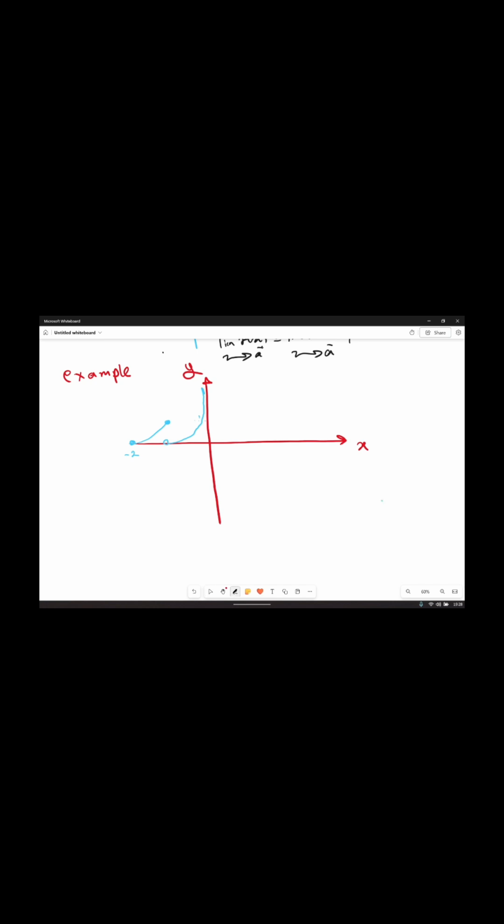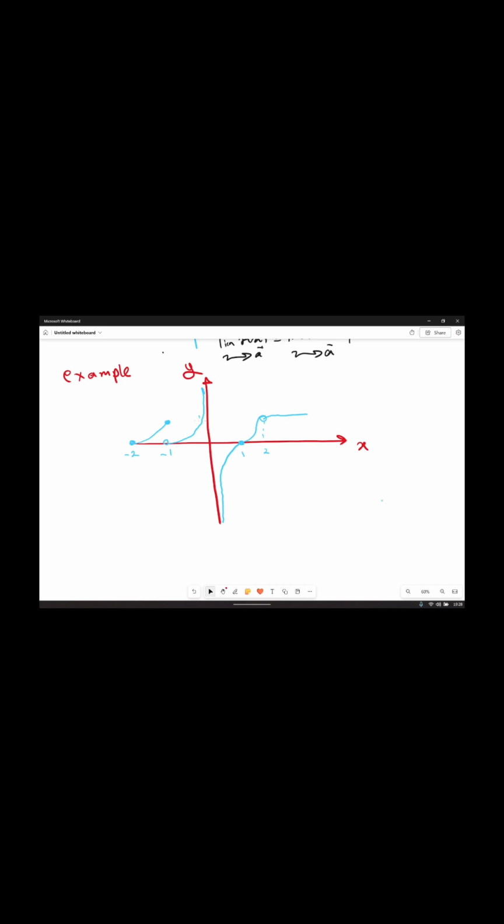After that, it falls down and comes from minus infinity from here. For example, this place is -1, 0, 1, and this place is 2, and that is something like this.